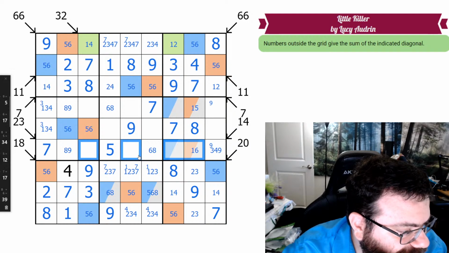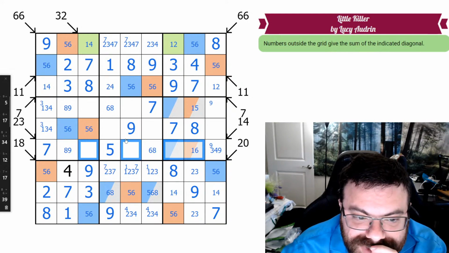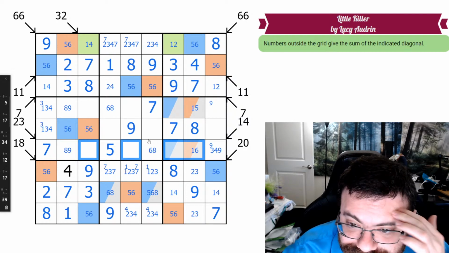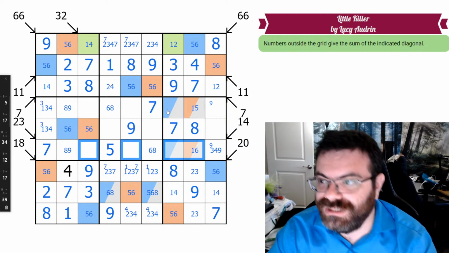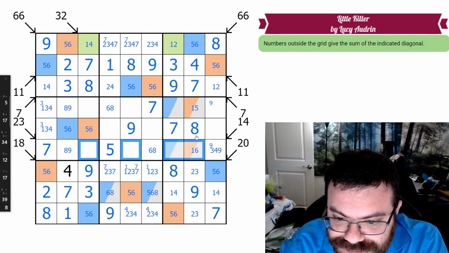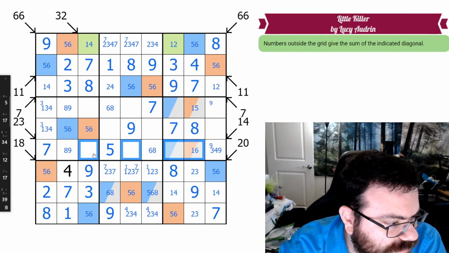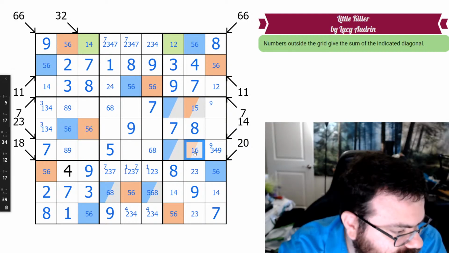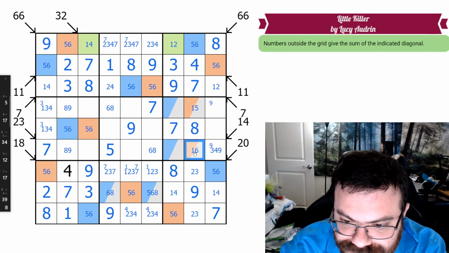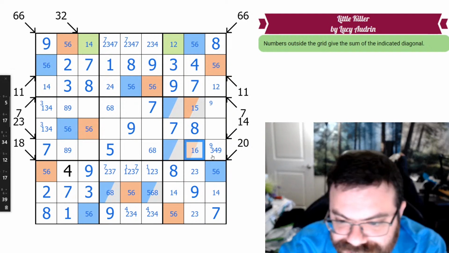Hey, persnickety, by the way. Pencil mark the whole grid time. I don't know if that's going to help, but maybe. If row 6 column 8 is a 6, then row 6 column 9 can't be 9 by Sudoku.